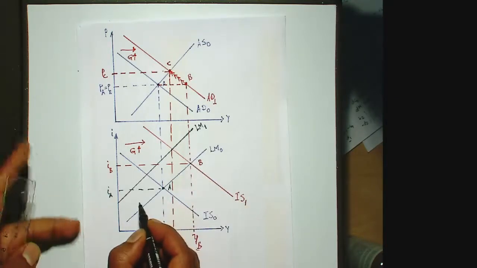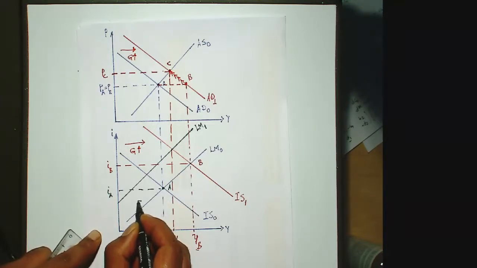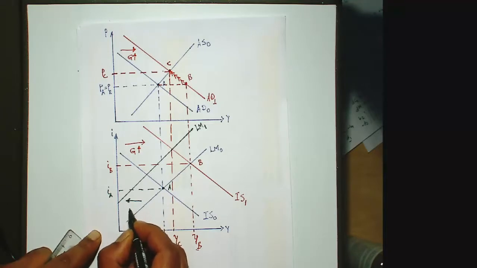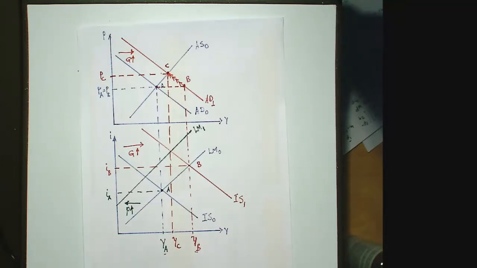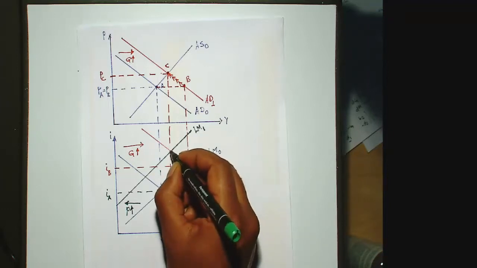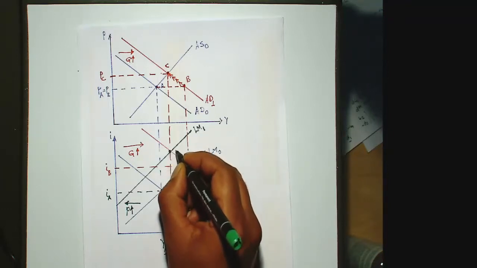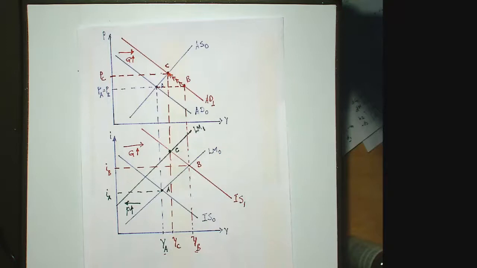This shift of the LM curve from LM0 to LM1 is caused by the increase in our price level from PA or PB to the new price level PC. Here, as you can see, we have a new equilibrium, indicated as C in our IS-LM model, and this corresponds to point C in the AS-AD model.